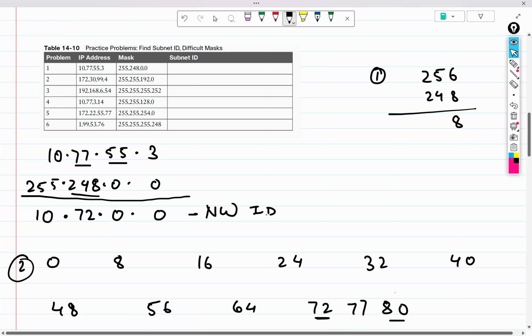Then what is the broadcast ID? Out of these two, which is the larger number? 80 is the larger number. Minus 1, 79.